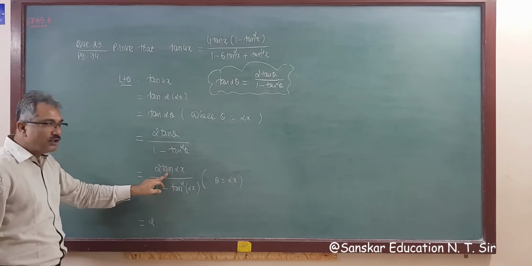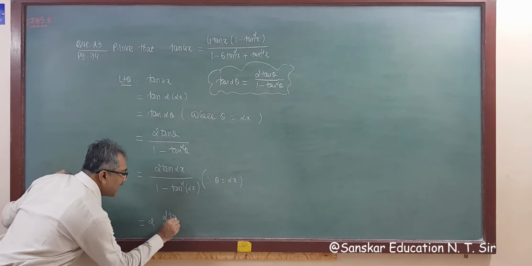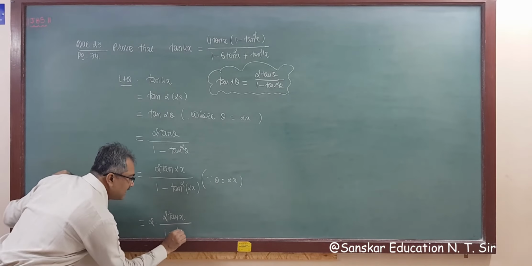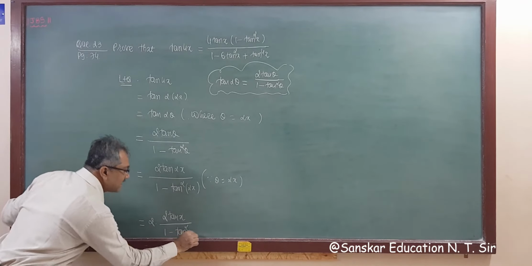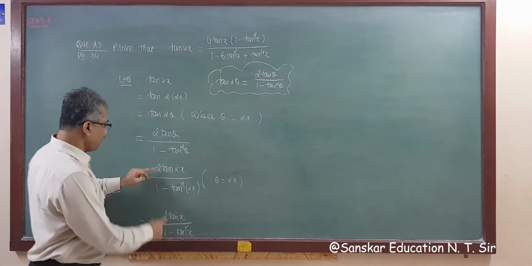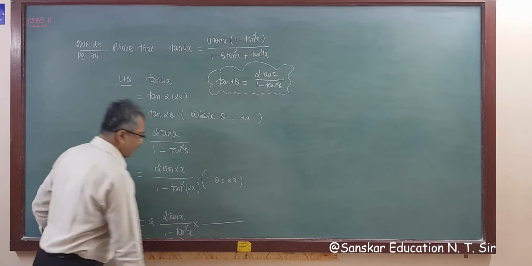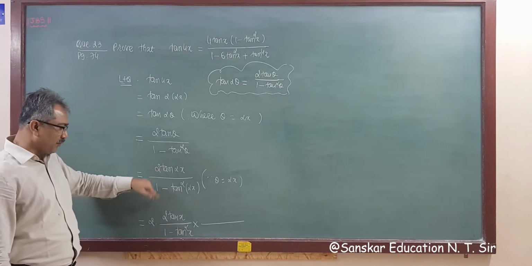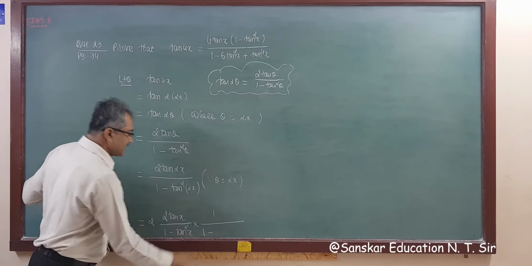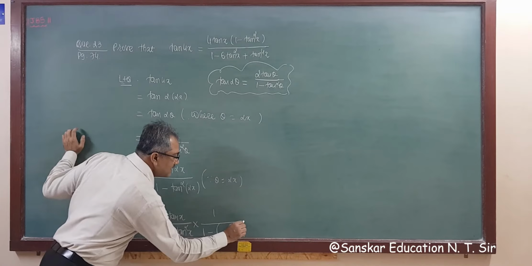The formula for tan 2x is 2 tan x whole upon 1 minus tan square x. This is the formula for this. Now into 1 upon, I am writing here 1 minus tan 2x whole square.